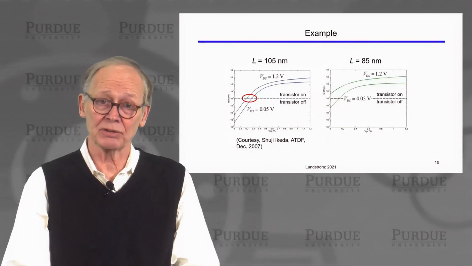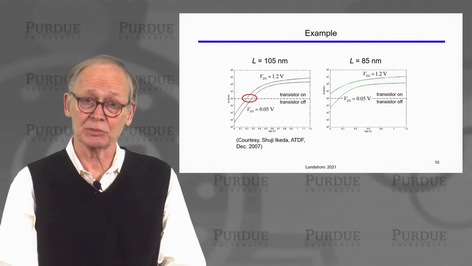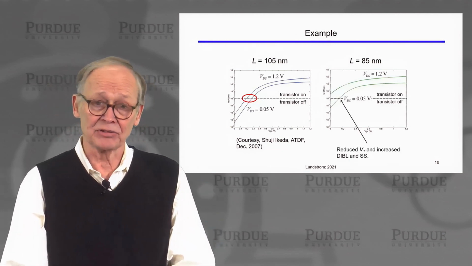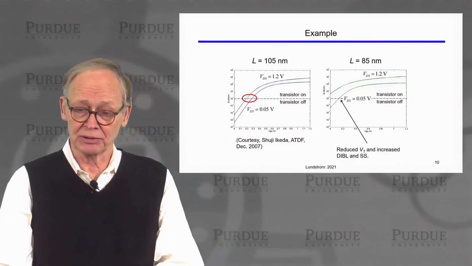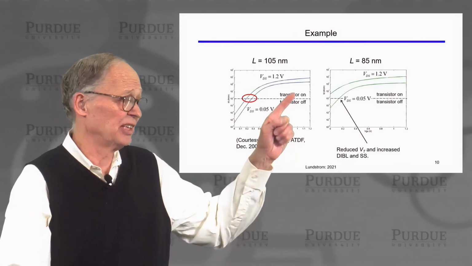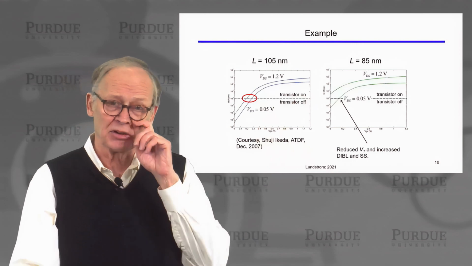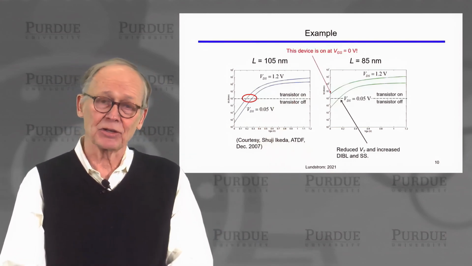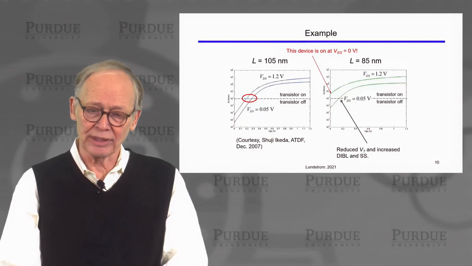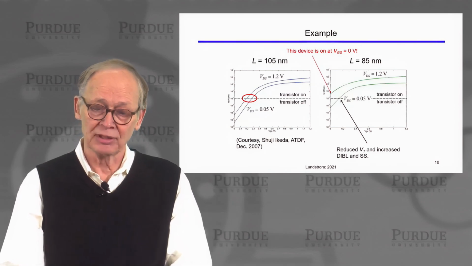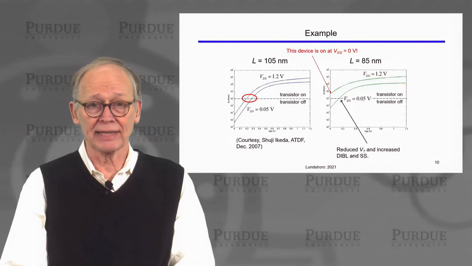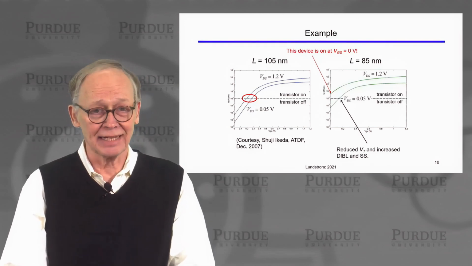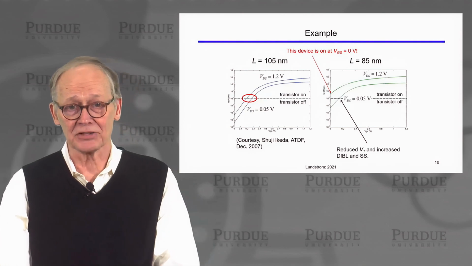This is a two-dimensional effect that became stronger because we shrunk the channel length. The DIBL is also increased. You can see the spread between the two curves is increased, and you can see that the subthreshold swing is also degraded significantly. In fact, there is an above threshold current flowing in this particular transistor with 0 volts applied to the gate. So this device is punched through. It is not a useful transistor in this technology.